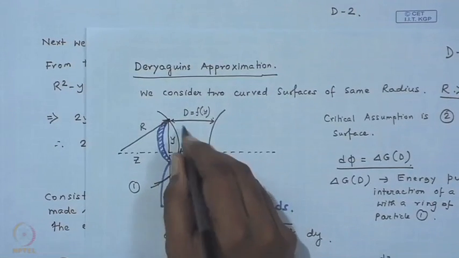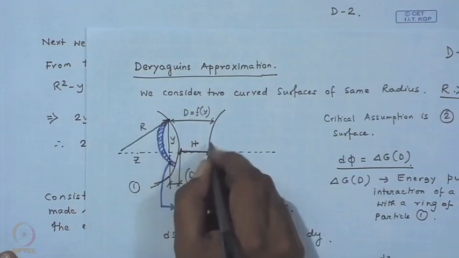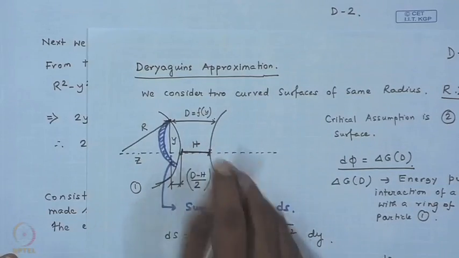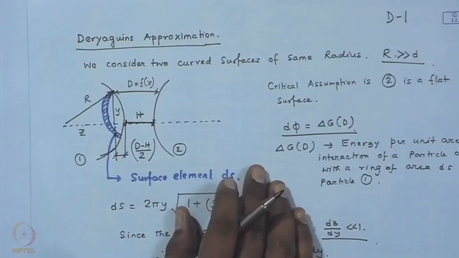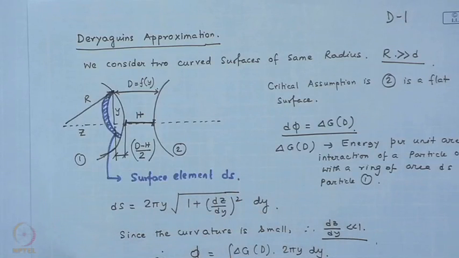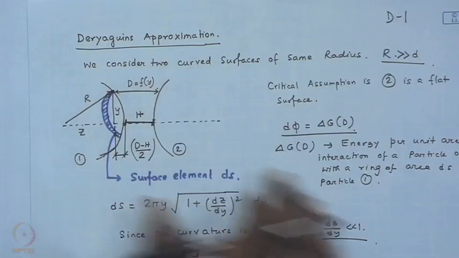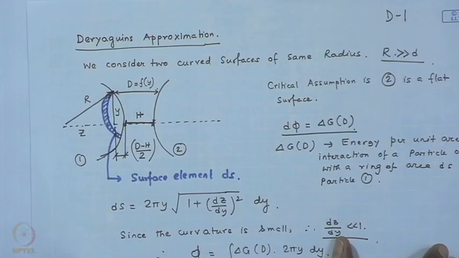So, the idea is that if we take the assumption y by r much smaller than 1, we actually want to retain the interaction in the vicinity of the minimum separation distance intact, and we neglect the interaction at greater distance, but as the interaction anyway reduces with increased separation distance, the error remains still small.